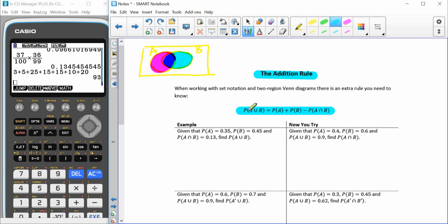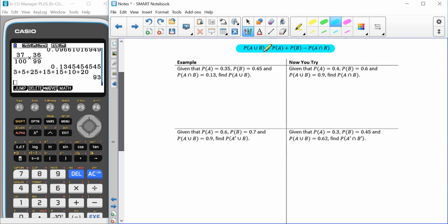So if we want to find the probability of A or B, we add the probability of A and the probability of B together and then subtract the middle bit so that we're only counting it once. So we're going to look at some examples of how we use this.